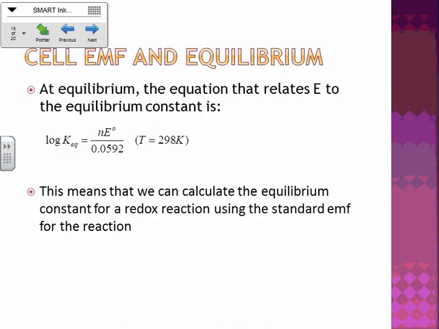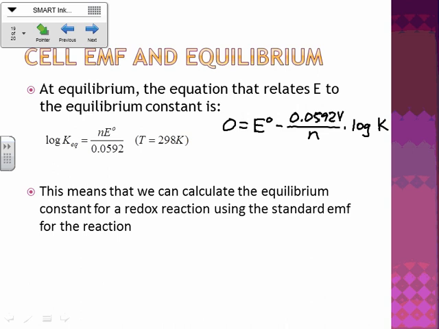So what you end up with here, this equation, is a rearrangement of 0 equals E0 minus 0.0592 volts over n times the log of K. Alright? So all we did is rearrange that, okay, and you end up with n times E0 over 0.0592.